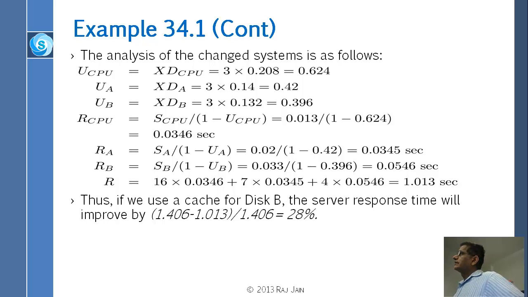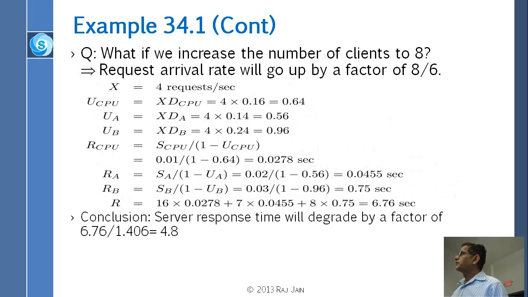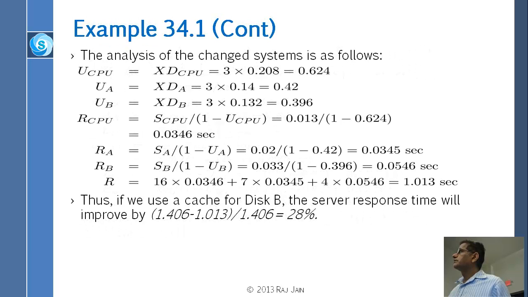And now the conclusion is that if we use the cache for disk B, the response time improved by 28%. This is lower than before. Before, the response time was 1.406.